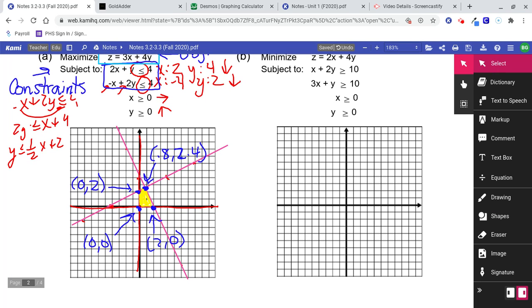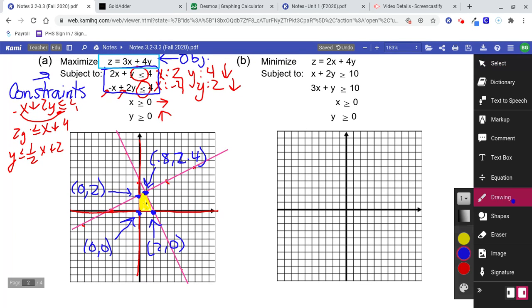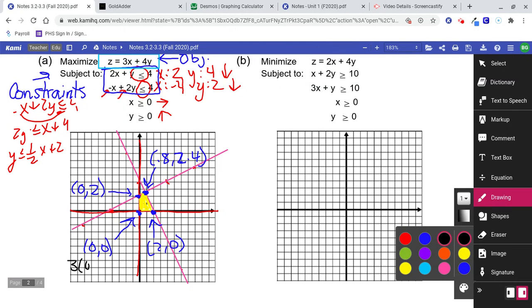Let's start at 0, 0. Basically, you're doing 3 times 0 plus 4 times 0. The objective function up at the top says we're going to go 3 times x plus 4 times y. So you do that, and that's going to equal 0 here.